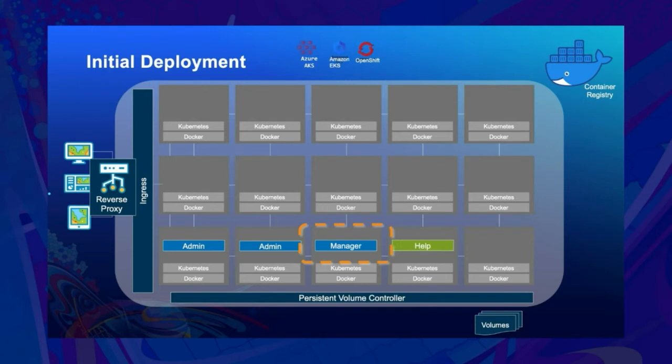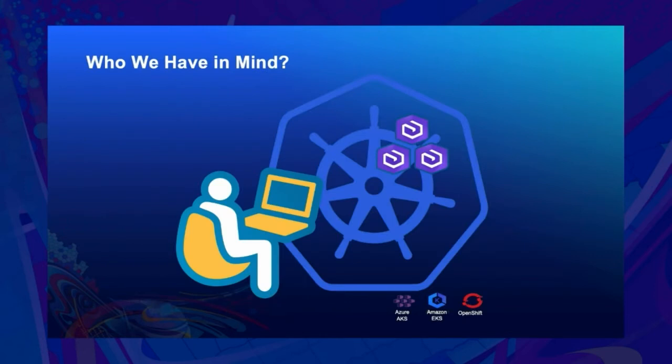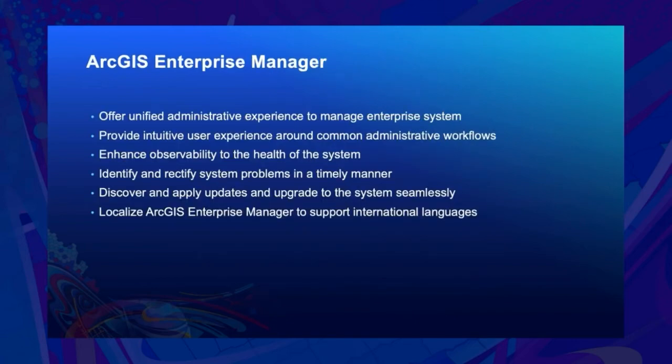When the organization is successfully created, you can immediately log in to the manager application and begin to use it for your administrative tasks. We want to build ArcGIS Enterprise management tools that are tailored toward IT system administrators who are tasked to administer, repair, monitor, and maintain the stability of the GIS system deployed in Kubernetes clusters.